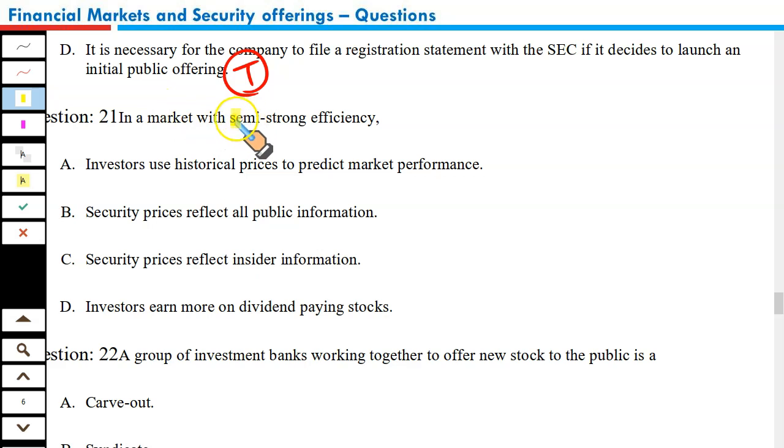In the market with semi-strong efficiency, which means only information available in the public domain is reflected in the share price, still some people have private information which they can use to generate gains. Investors use historical prices to predict market performance. That is weak form.